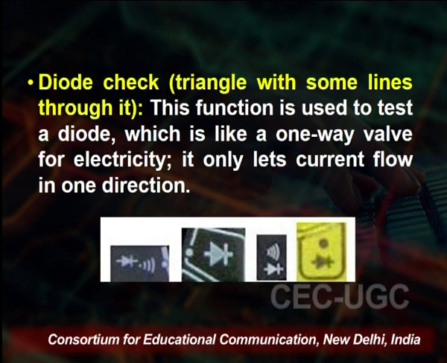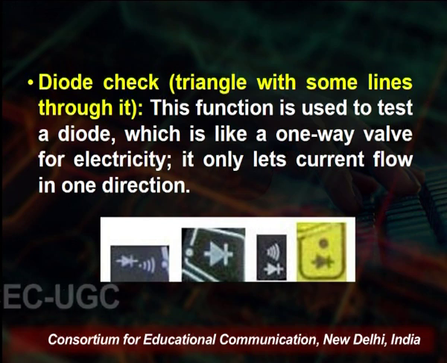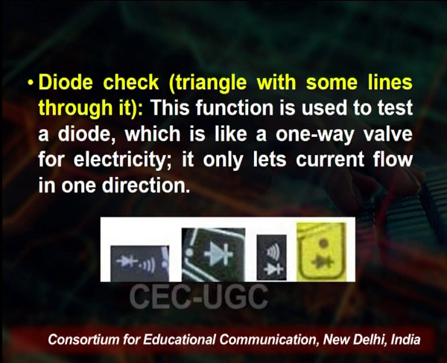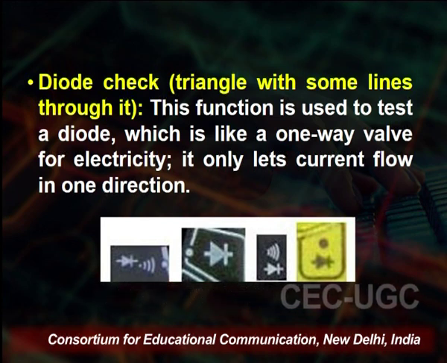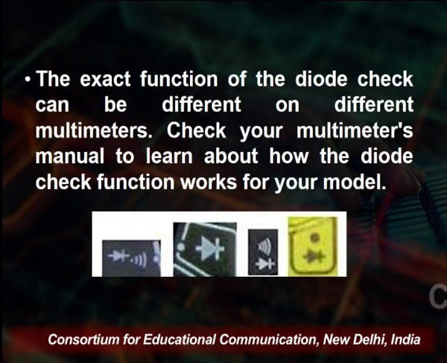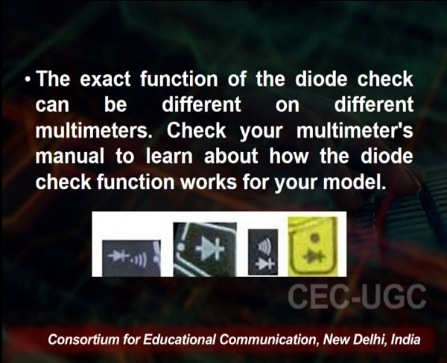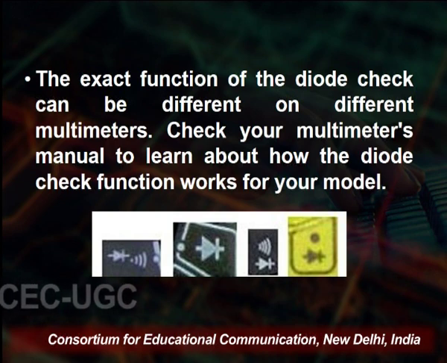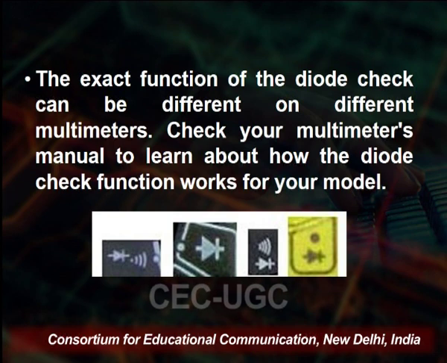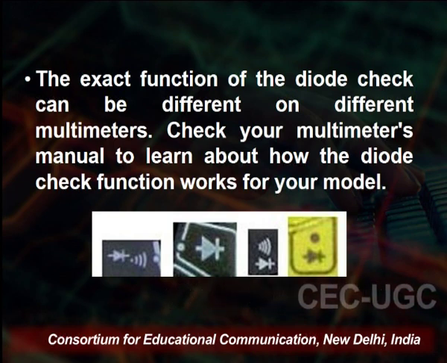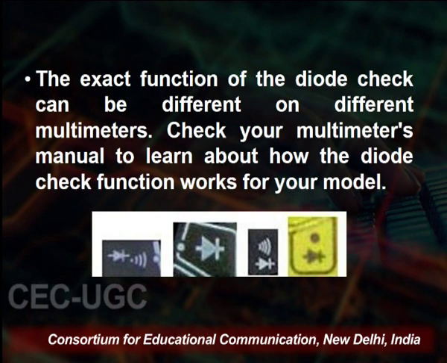This function is used to test the diode, which is like a one-way valve for electricity, so it only lets current flow in one direction. The exact function of the diode check can be different on different multimeters. Check the multimeter's manual to see what is mentioned for the diode check. There are various types of symbols used for the diode check.